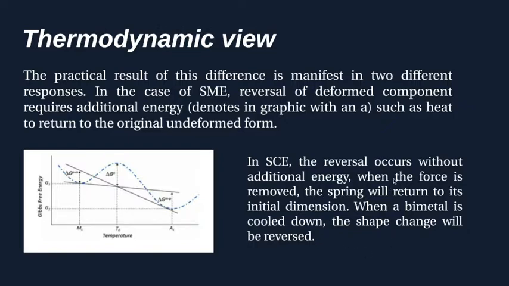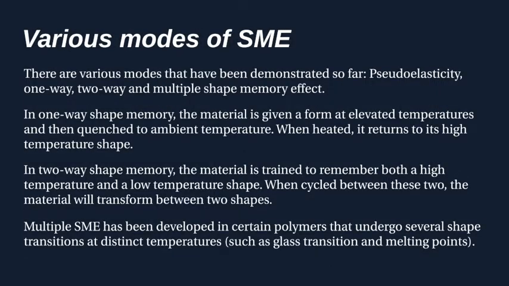So in this shape change effect, the reversal occurs without additional energy. So when the force is removed, the spring will return, and when a bimetal is cooled down, the shape change will be reversed. So in SME, there are two-way, okay, or more, at least two, one-way shape and two-way shape.